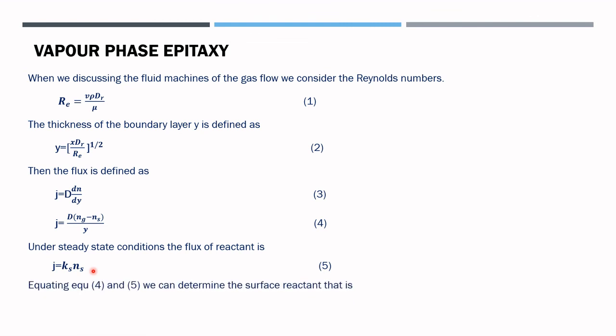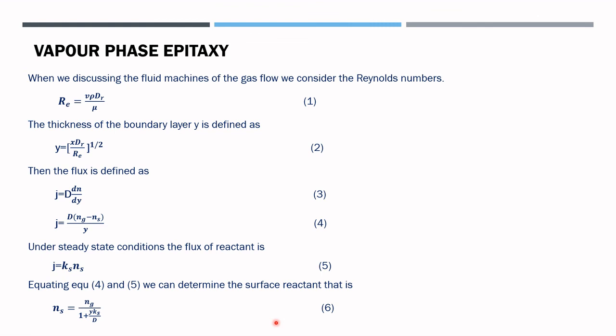If we equate equations 4 and 5, we can determine the surface reactant concentration Ns, so Ns equal to Ng divided by 1 plus Ks y divided by D. The quantity D by y is called the gas phase mass transfer coefficient, and equation 6 indicates that the surface concentration of reactant, which determines the layer growth rate, is a function both of the reaction chemistry and the gas phase transport process.